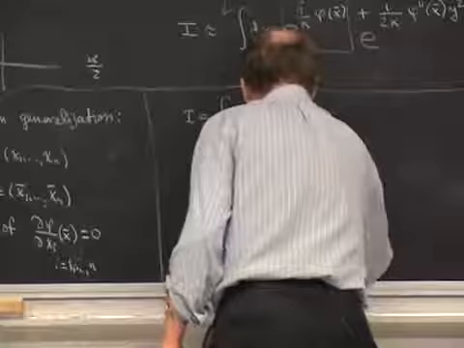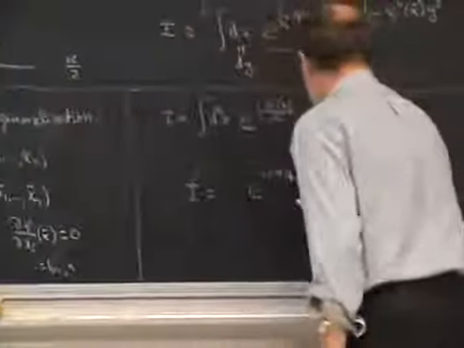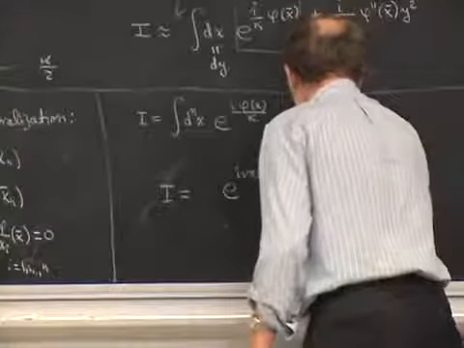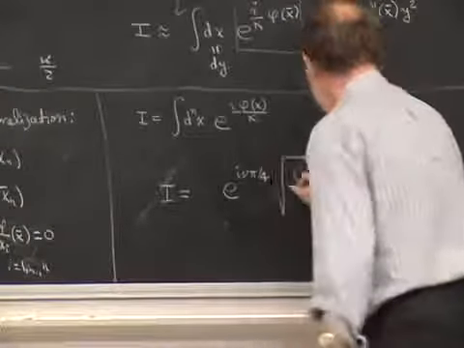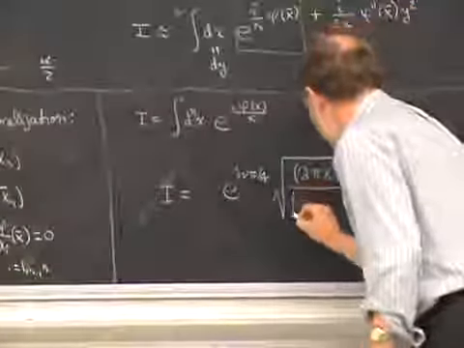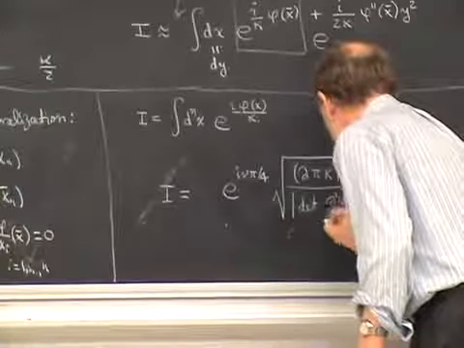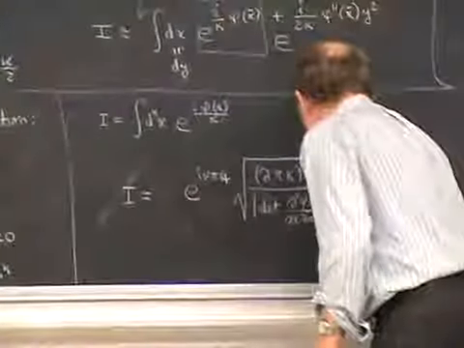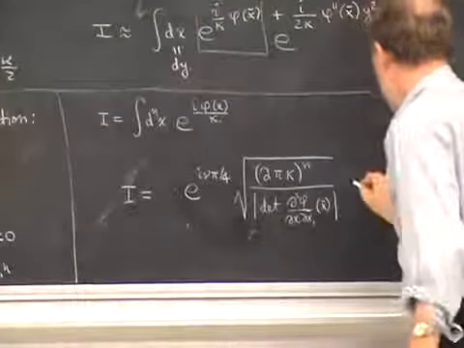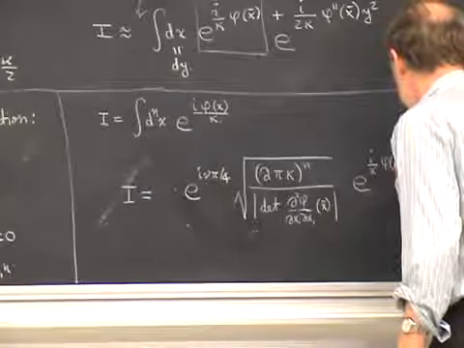It is an e to the i nu pi over 4, and you get the square root of 2 pi kappa to the nth power divided by the denominator, the absolute value of the determinant of the second derivative of phi with respect to xi and xj, evaluated at the stationary phase point. Then multiply it times e to the i over kappa times phi, evaluated at the stationary phase point.